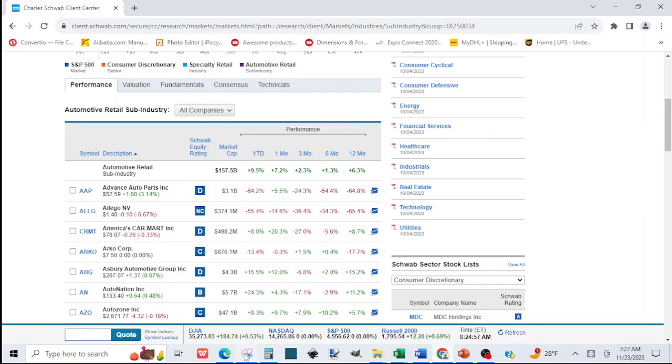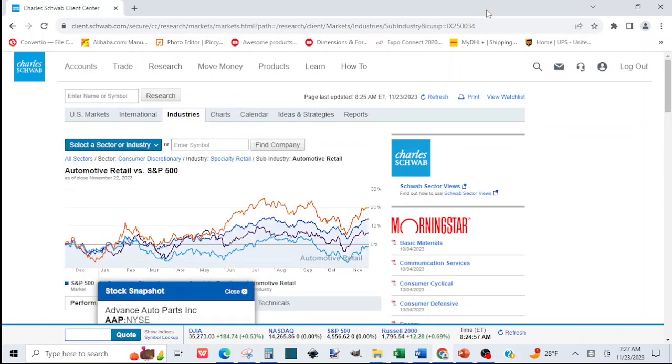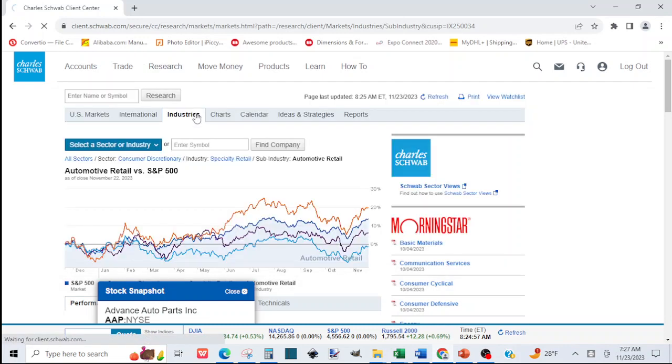So I think the first one is AAP. What you will do is, I don't like to search those stocks individually in the classic view. So you'll go back up, click on research, and click on stocks.